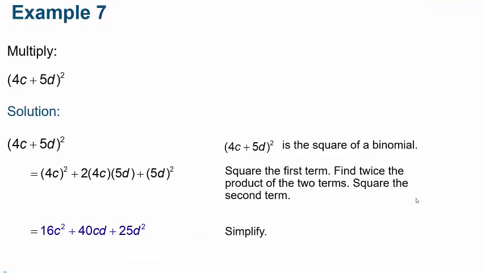So let's try this one here. Let's take 4c plus 5d squared. So just using the formula, 4c is my a, 5d is my b.